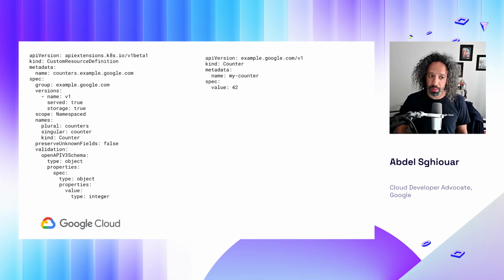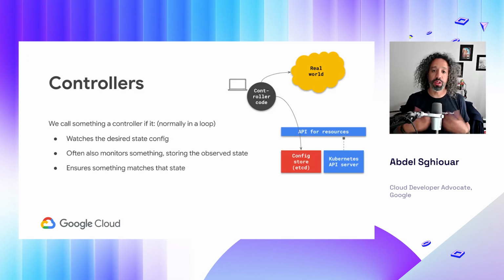Once we create this object and send it to the cluster, the cluster goes, oh, I know a counter, I'm just going to register this. In both cases, the custom resource definition is committed to Kubernetes' database, and then the counters are also committed to the database. Now, these two objects are kind of useless without the next component, which is what we call the controller. The controller is a piece of code that will take action based on an instance or based on a CRD.